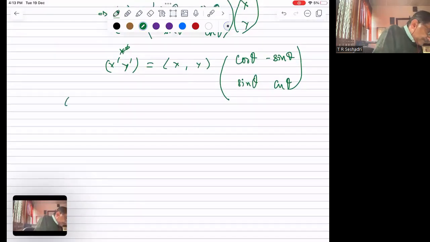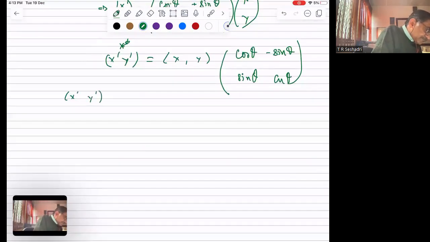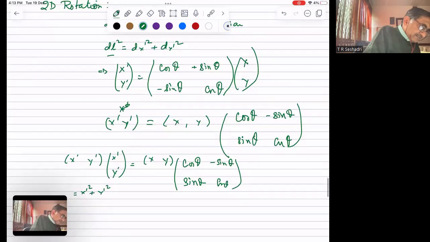And I take the product, and this is equal to x prime square plus y prime square. And this is equal to x, y, times the transposed matrix, and then this one, which is cos theta, sin theta, minus sin theta, cos theta, times x, y.